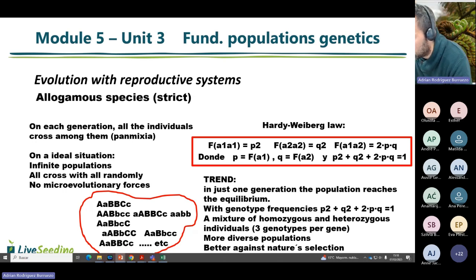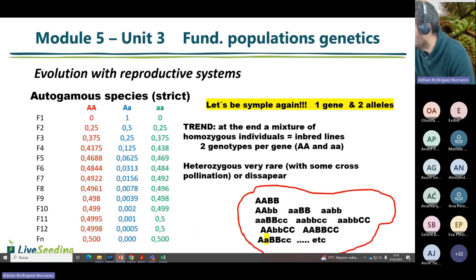You can see that there are individuals uppercase, lowercase for A, uppercase B, uppercase, lowercase for C, but also many other combinations in homozygous and heterozygous combinations of A, B, and C genes, compared to the autogamous species, which are limited to only two genotypic combinations per gene.